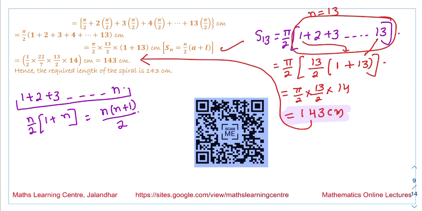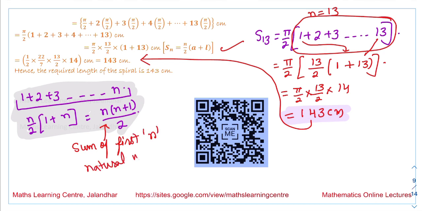This is the general formula for the sum of the first n natural numbers. Here the common difference is 1, the first term is 1, and the last term is n.